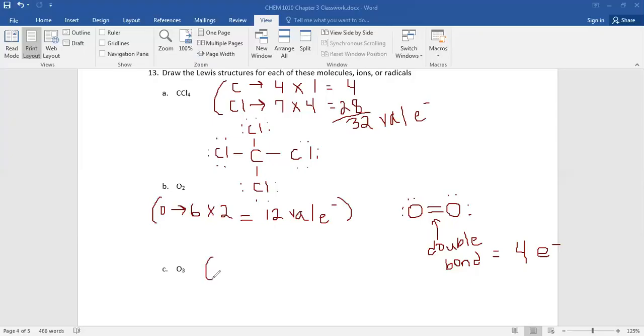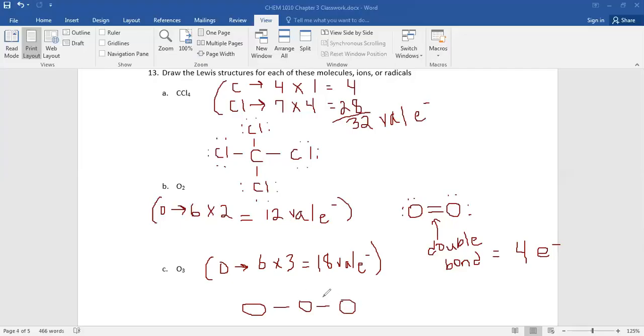Now O3 is ozone. Again, you've got 3 oxygens this time. Each one has 6 valence electrons. So ozone has a total of 18 valence electrons. So I put single bonds between each oxygen.